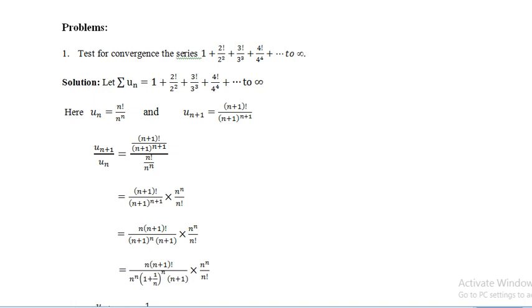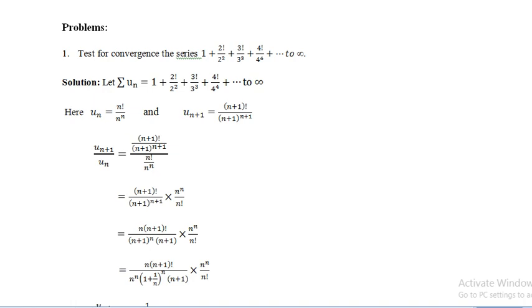Un plus 1 is n plus 1 factorial divided by n plus 1 raised to n plus 1, and the denominator term is n factorial divided by n raised to n. So it goes on reversing. Write this in reverse form, n raised to n divided by n factorial, because it is in the form of 1 divided by n factorial by n raised to n.